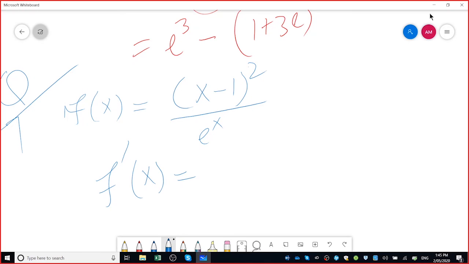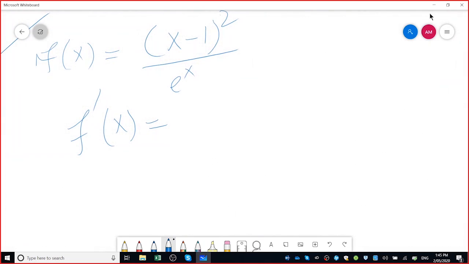I got 2e to the power of x times in brackets x minus 1, minus e to the power of x, bracket x minus 1, and then bracket squared, over e to the power of 2x. Good. And so you have to then simplify it. Yeah, it's correct. Can you simplify and take it to the most simplified value?